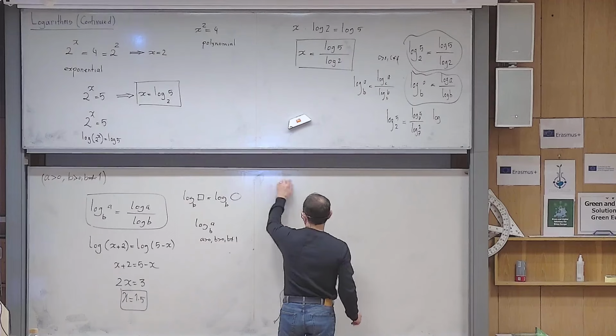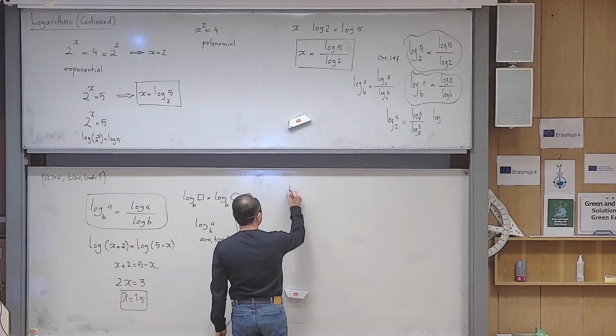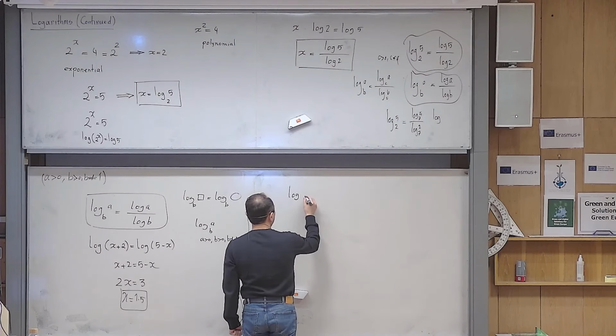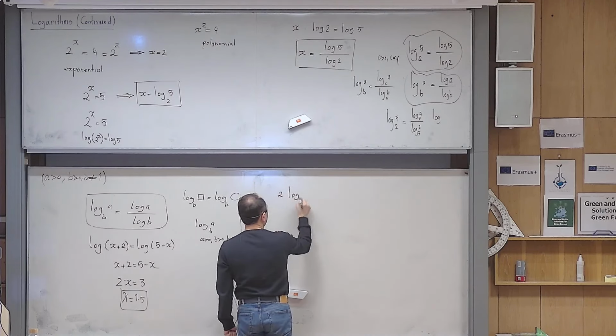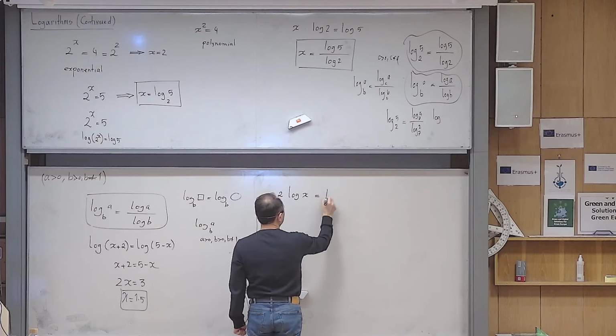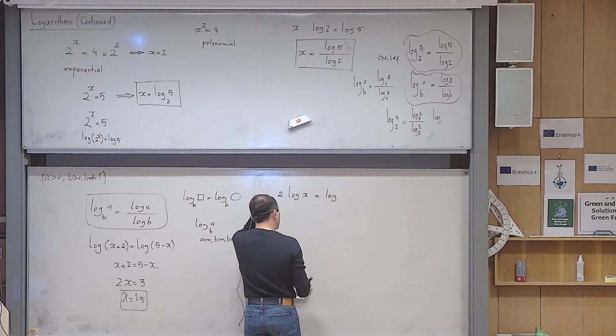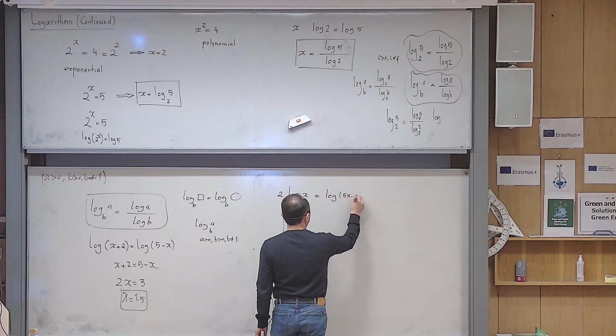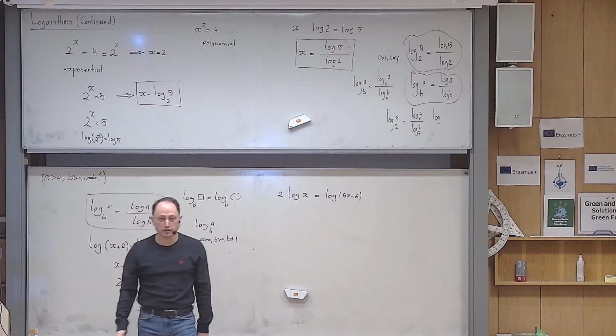But what do you think about this equation? For example, let me write this log here. Let me make it simple for the time being. I put a 2 here, an x here, and then I write logarithm of, let us say, 5x minus 6. We want to solve this equation.